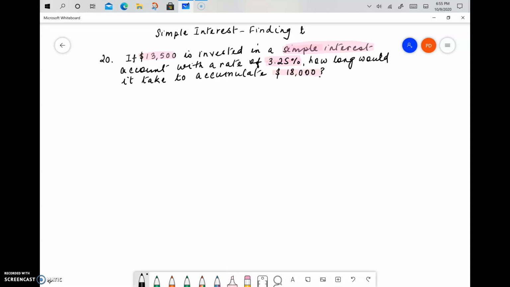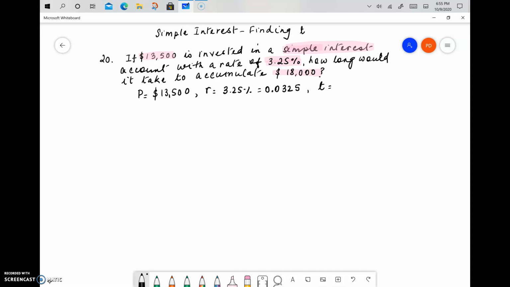So at the beginning of time, we have $13,500. So that's your present value or your principal P. The rate of interest is 3.25%, which is equal to 0.0325. How long will it take?